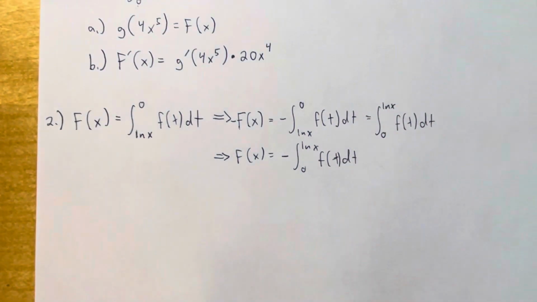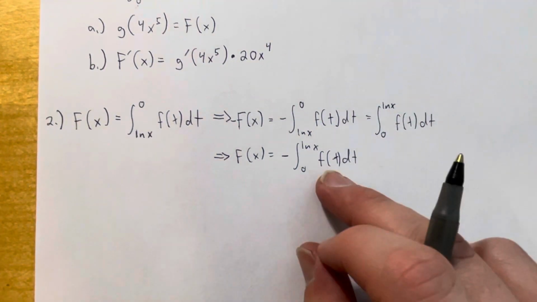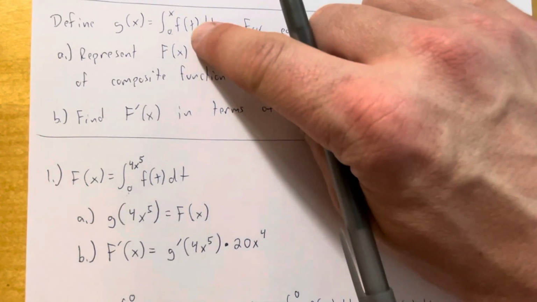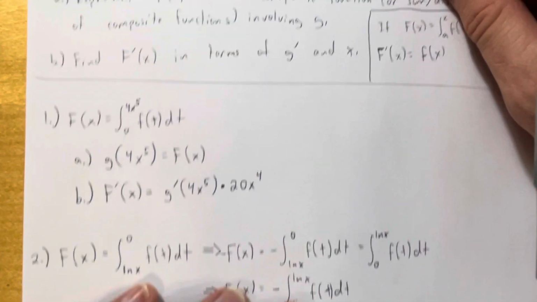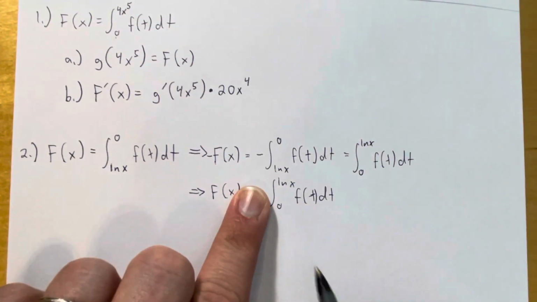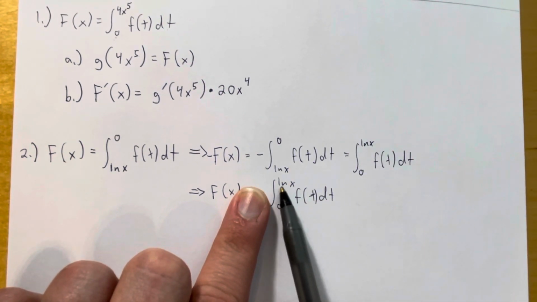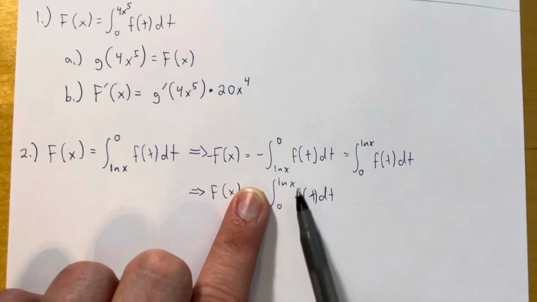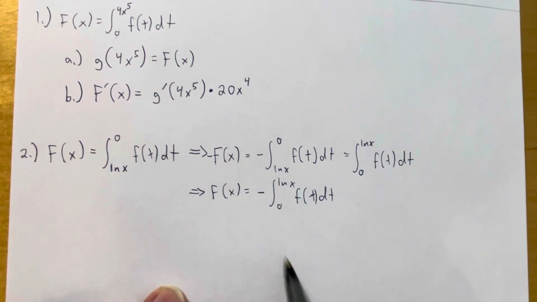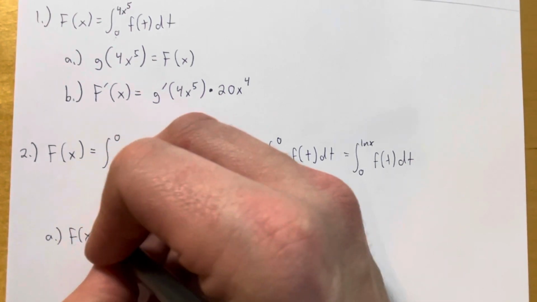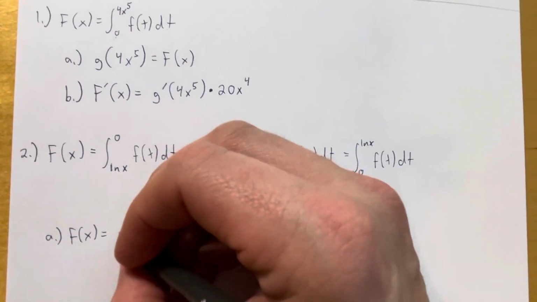Okay, so at this point, I would want to compare this again to g. They look similar. If we just kind of ignore the negative for a second, the only difference between this function and the way I define g of x up there is that where I have a natural log function, I should be seeing an x instead. So I'm going to take my g of x function. This is part A. We have this negative here.